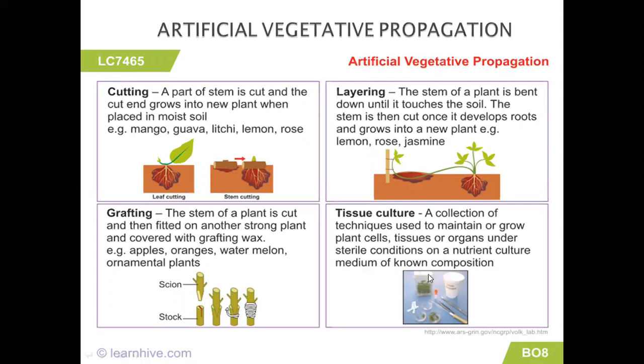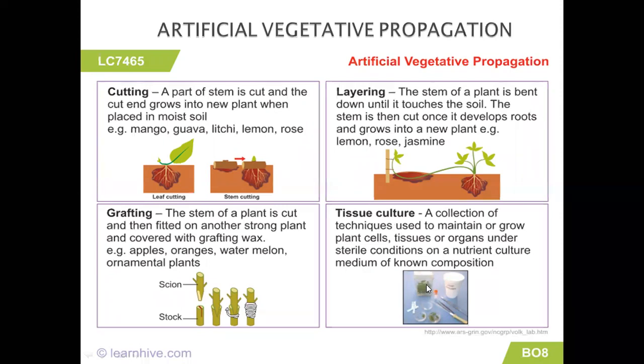You can see here, this is one jar. We have taken a mass of tissues of the plant, and we put those tissues in this medium, and we give it the soil, the temperature, the water, the nutrients, and the pH of the soil, each and everything, simply the suitable conditions or suitable environment, and hence these tissues will grow.